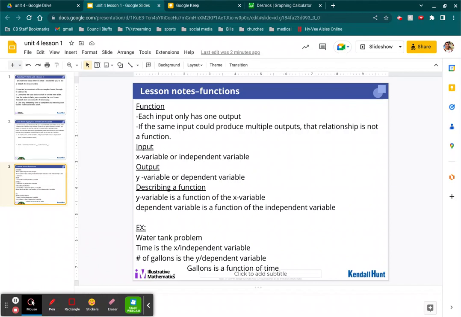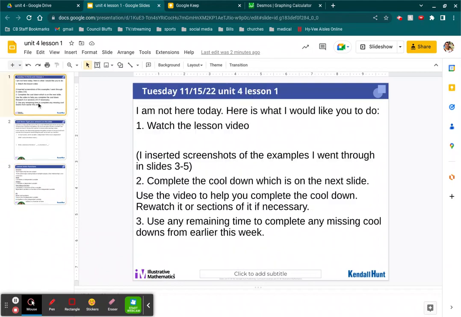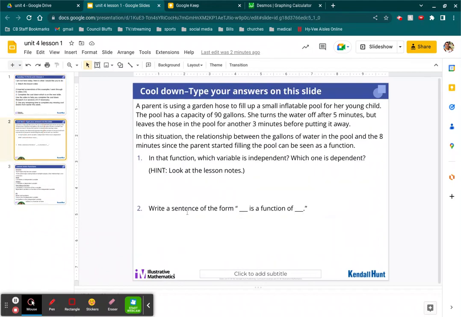Whichever variable goes on the x-axis is independent, and whichever variable goes on the y-axis, in the case of the water tank or the pool, is the dependent variable. You're going to want to use this to help you complete the cool down. And again, you can type your answers right into this slideshow here and then turn it in.